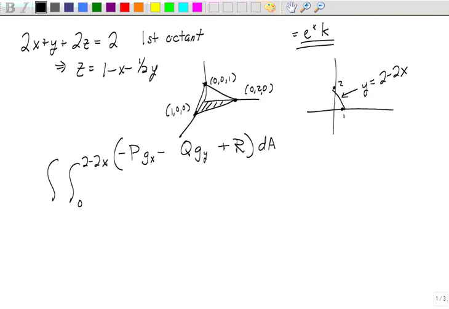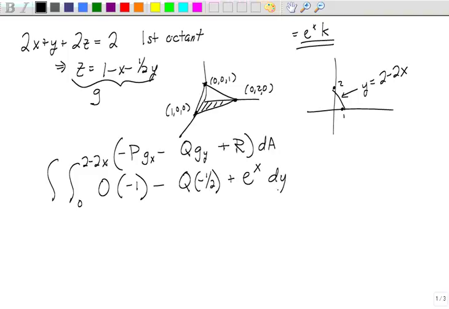So I have 0 times, this is g, so g with respect to x is negative 1, q is 0, this is minus a half, and r was e to the x, dy dx, and x just goes from 0 to 1.